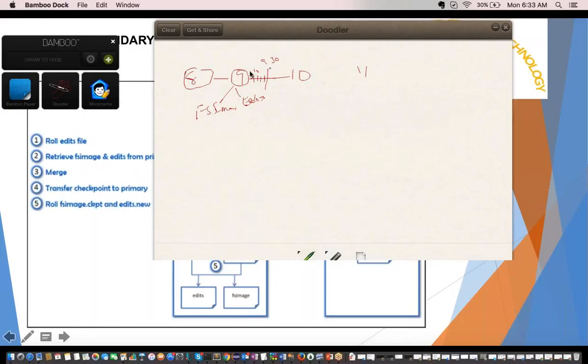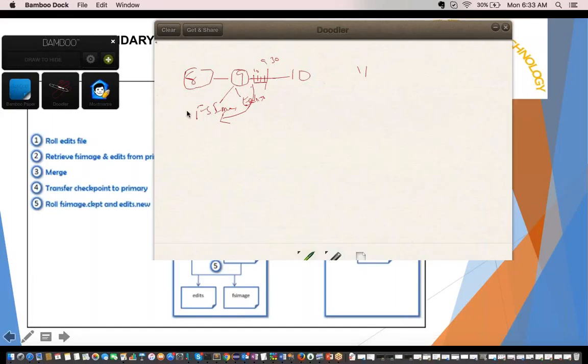The fs image is already the updated one. You just need to put the 10 transactions into the fs image because before that it's already merged. So we have reduced the duration. We have solved the problem. I mean, not completely, but at least we have shown some performance improvement.